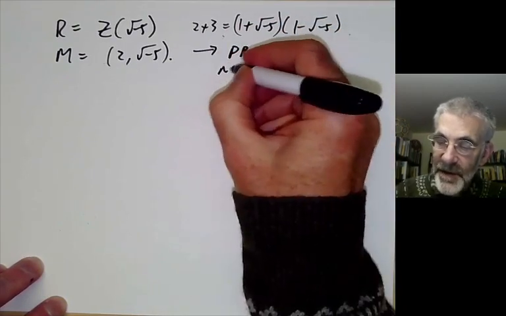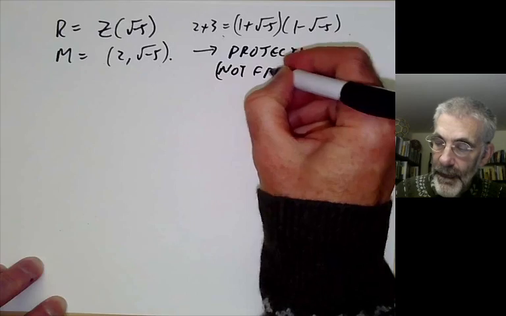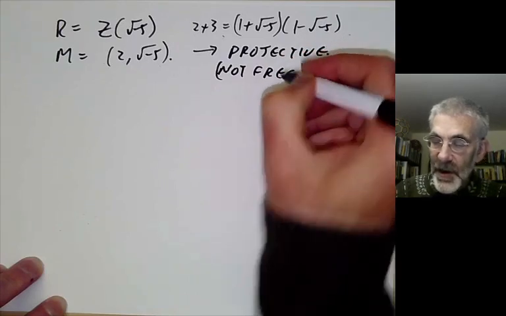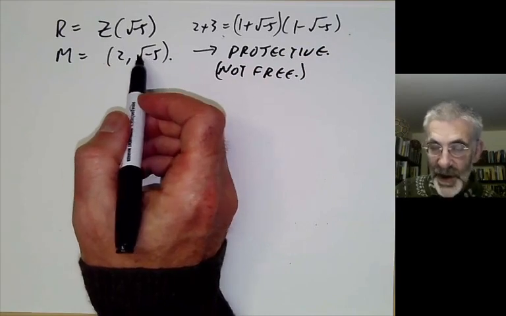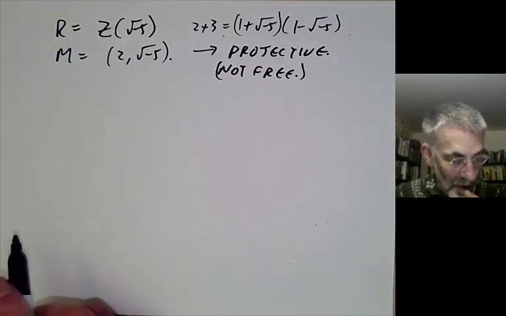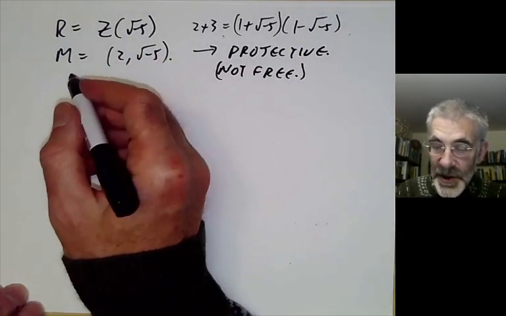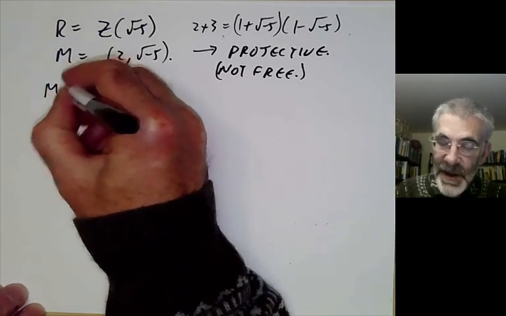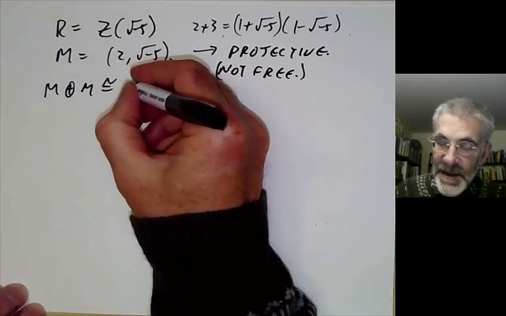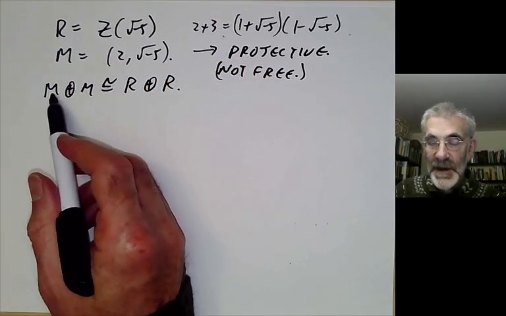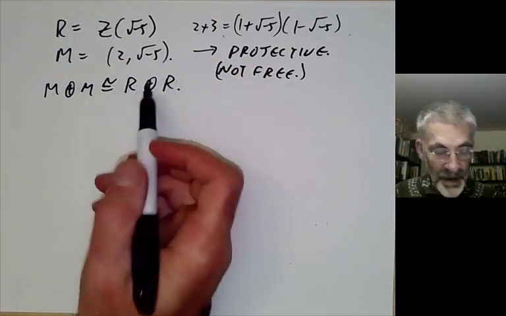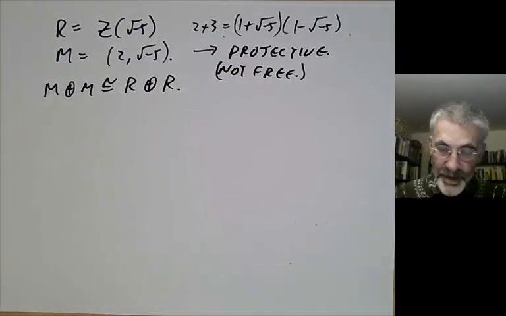We know it's not free because it's not a principal ideal, as we saw in an earlier lecture. So all we want to do is to show it's projective, and we're going to show it's projective by showing that M plus M is isomorphic to R plus R. So just as before, it's going to be a direct summand of a free module of rank 2.